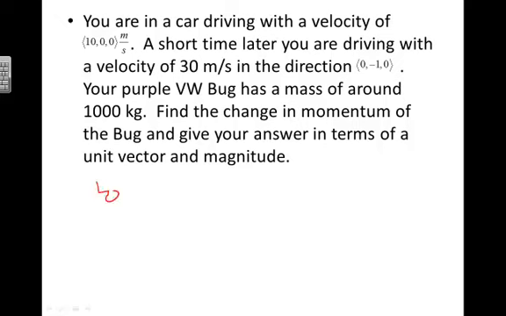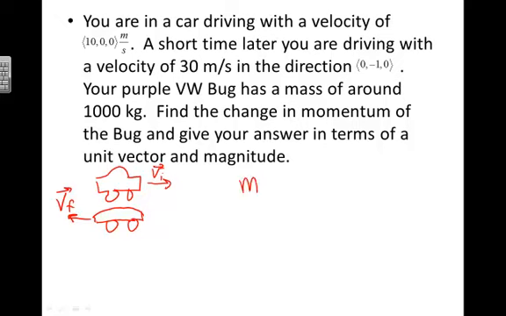So we've got our little VW bug, and it's got some velocity v initial, and at a later point in time, actually the bug's more rounded, it has some v final. We have a bunch of known information, and we should write down the variables for all of that information just to see what we have.